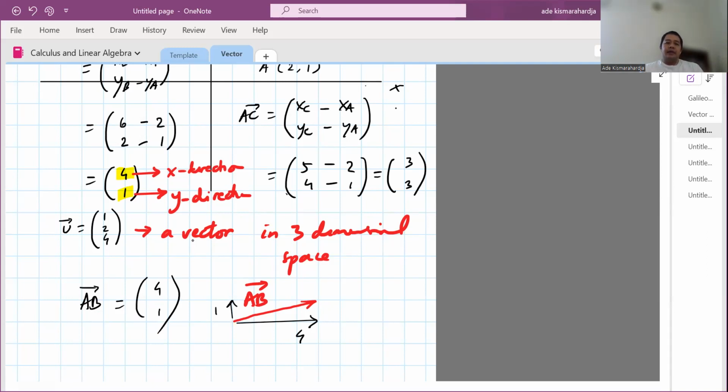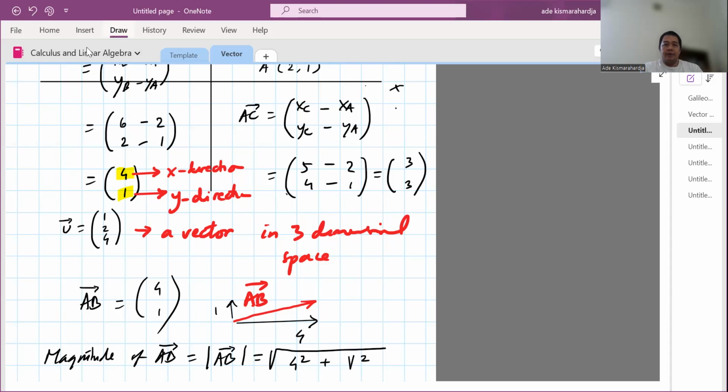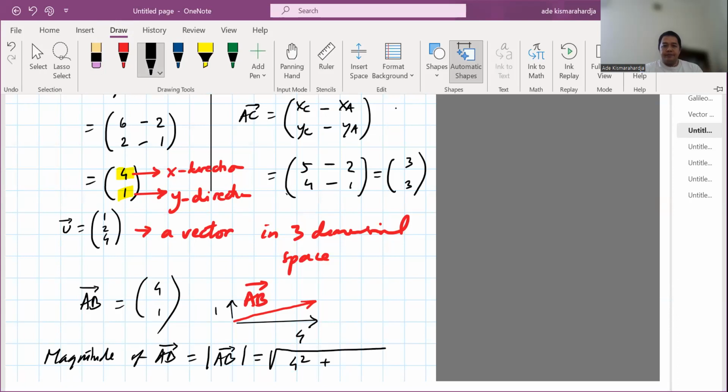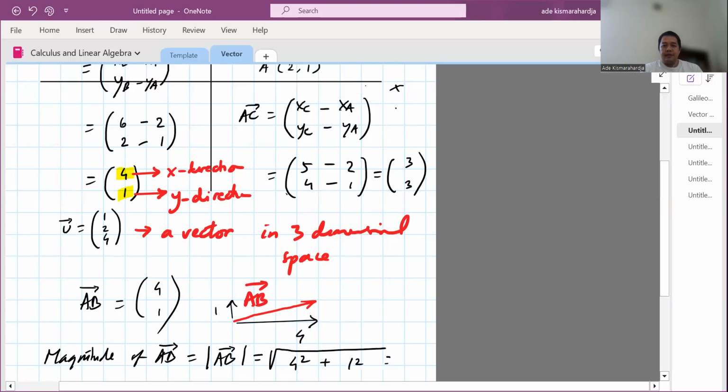Now, if you want to get the magnitude of AB, we can write it like this using vertical lines. Now, what you can do is just use the Pythagoras formula, which is the square root of the square of the horizontal component plus the square of the vertical component. So in this case, we have the square root of 16 plus 1.